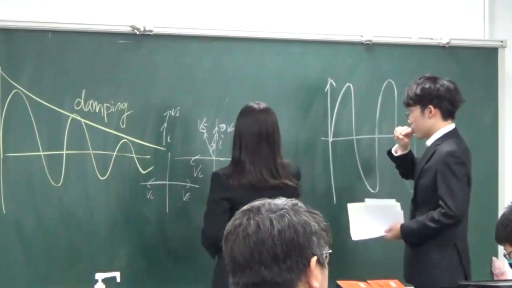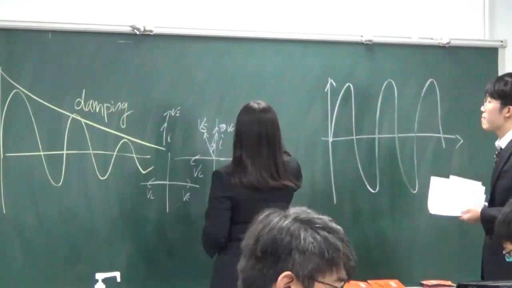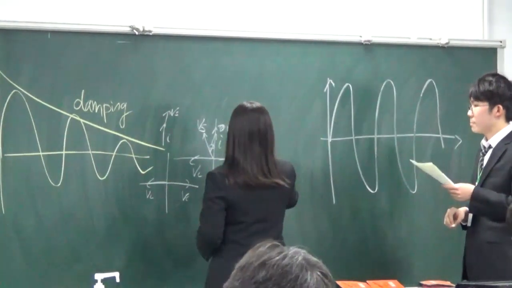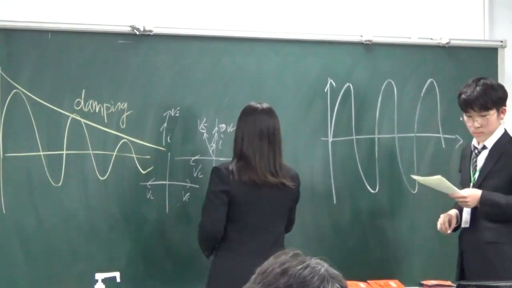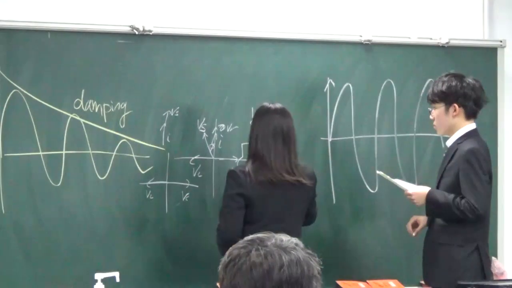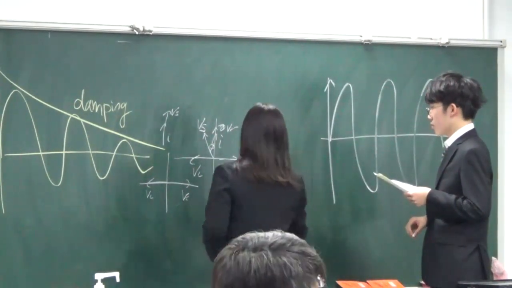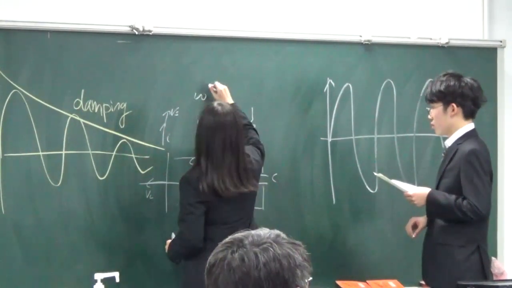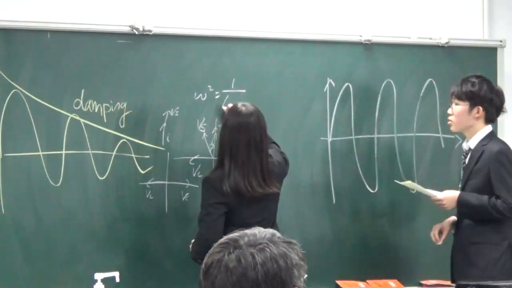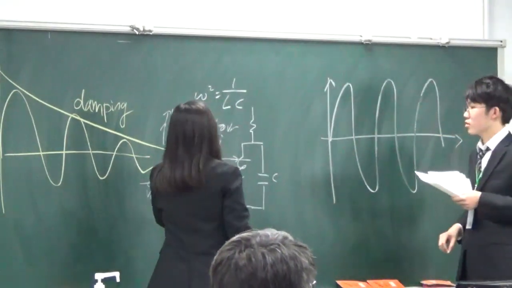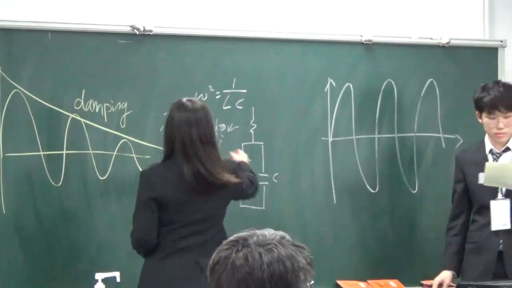So it is R and then L, and then that's where it was 1 divided by the square root of LC in this situation.